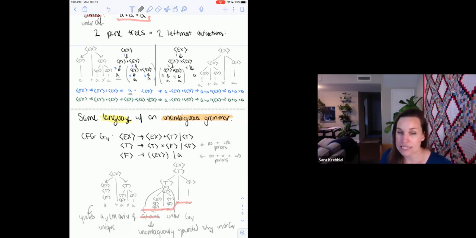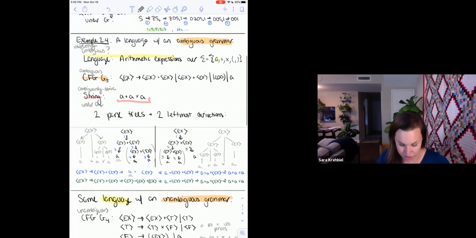And with some semi-careful argumentation, you could conclude that this grammar, the way the variables are set up hierarchically, is going to ensure that any arithmetic expression has the same shaped parse tree. So it has a unique leftmost derivation, so it's unambiguously generated by the grammar. And so if all strings are unambiguously generated by the grammar, then this is an unambiguous grammar. And if I have a language that has an unambiguous grammar associated with it, then this is not an inherently ambiguous language.